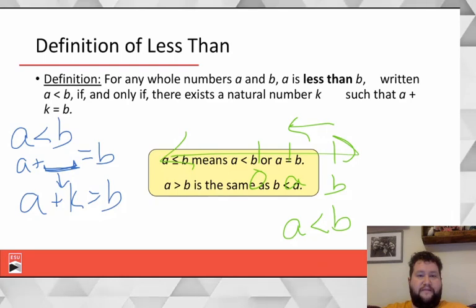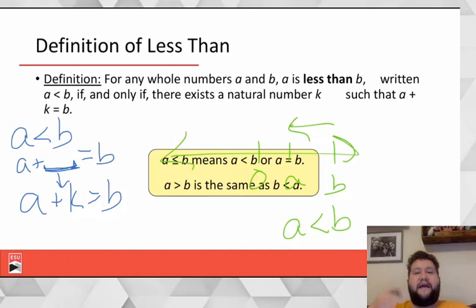It means that a is less than b or a equals b, and a is greater than b is the same as b is less than a. So it's giving the idea that if a is less than b, it means that you can add something to it to get to b.